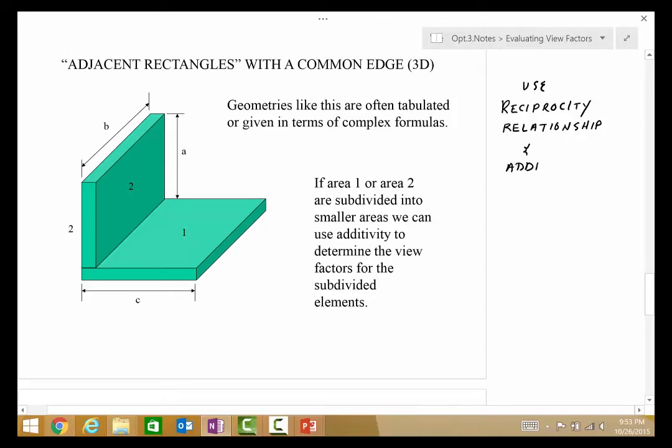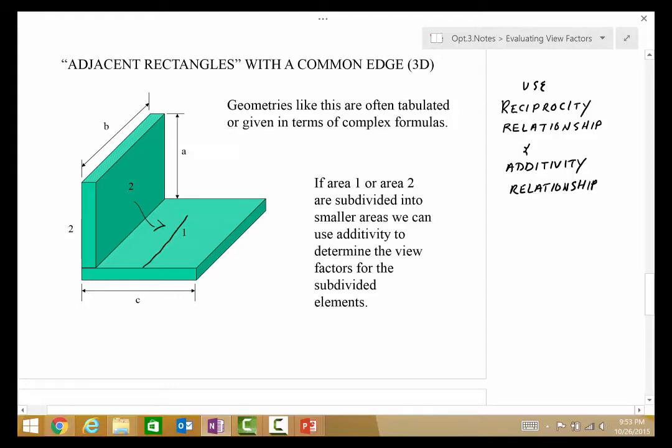And so oftentimes we might be given in the table the view factor from surface 2 to surface 1.